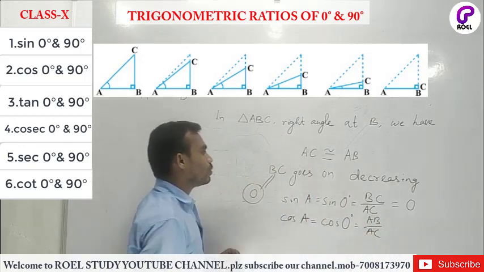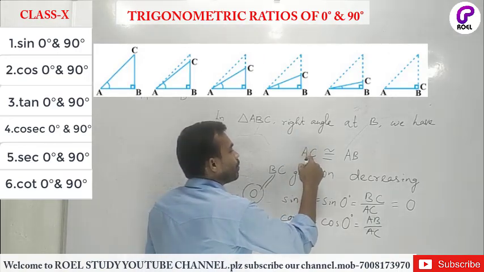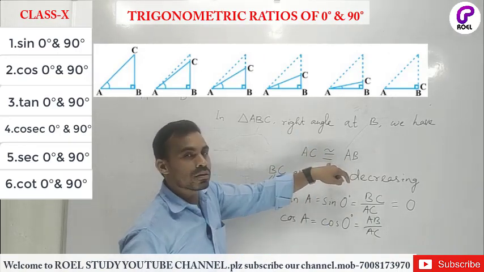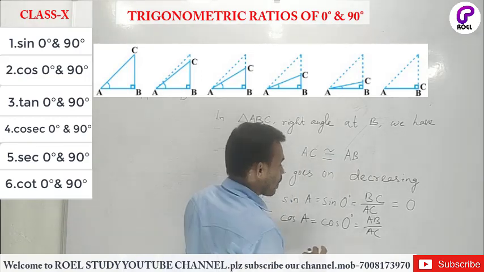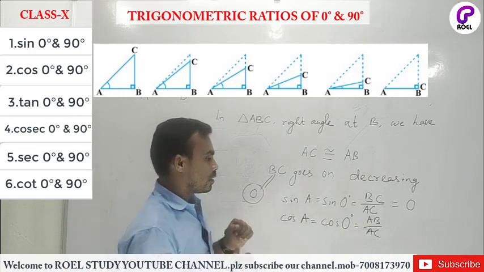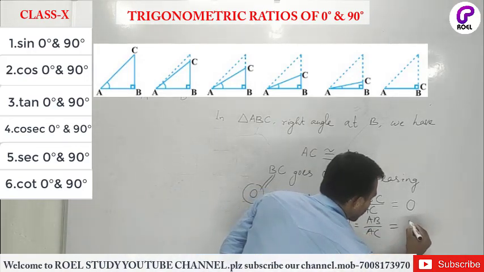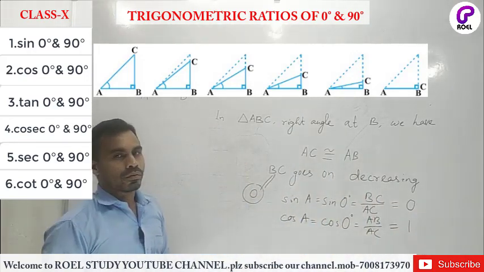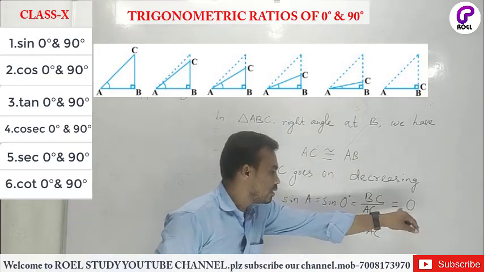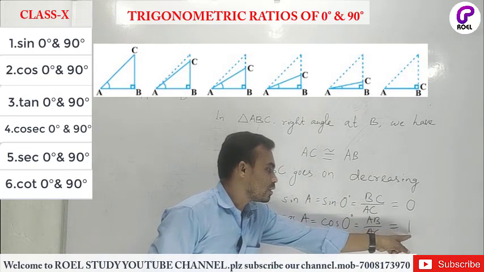As I told you, AB will be the same as AC, so these two values will be the same. Then we get 1. As sin 0 degree is 0, cos 0 degree is 1.